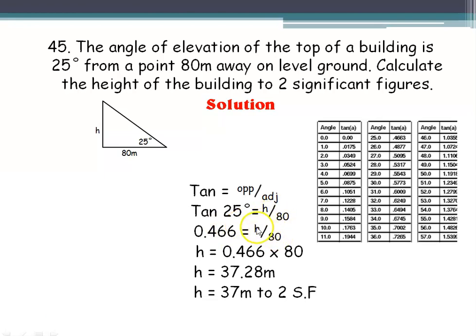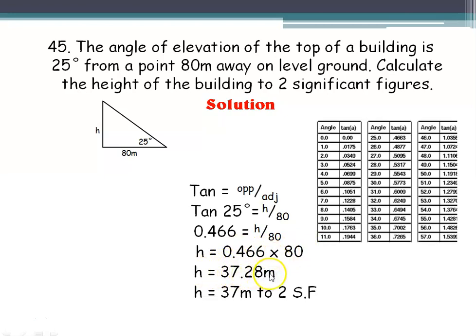Then I'll cross multiply so that my H times 1 will give me H, and then 0.466 times 80. So by the time I multiply the 0.466 times 80, you have 37.28. I've taught you how to multiply decimals like this. Just change this to a whole number, say 466 times 80, and then you move your decimal point by the number of decimal places you have in your question.